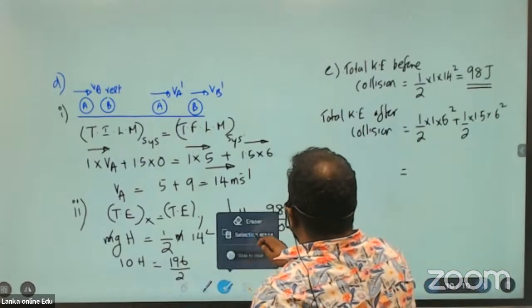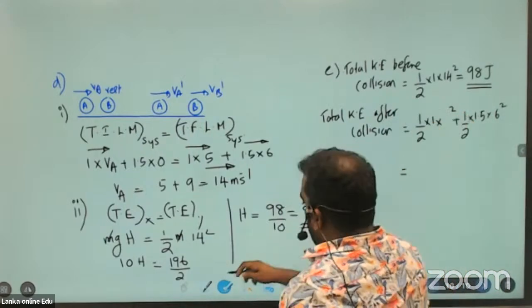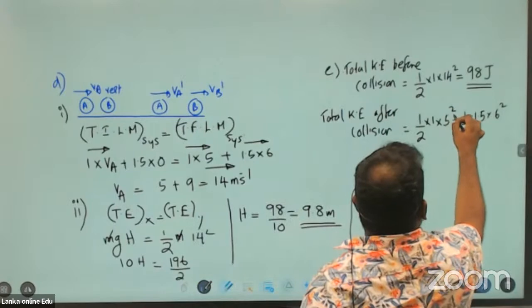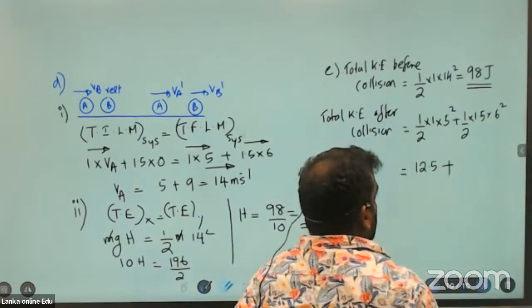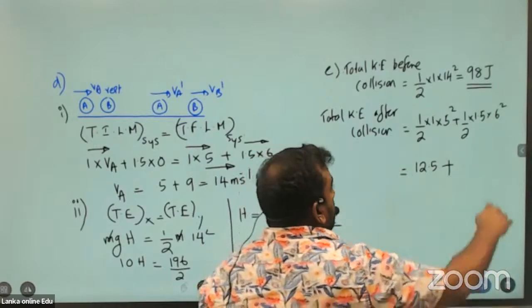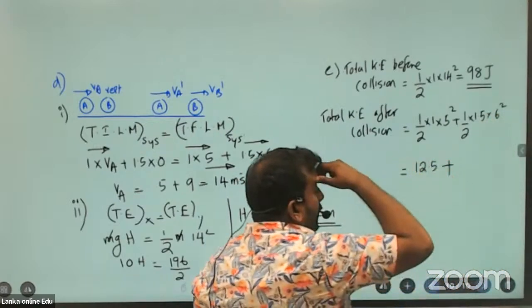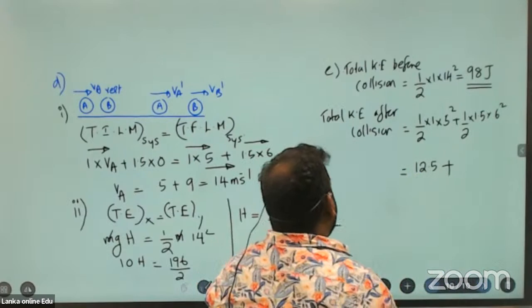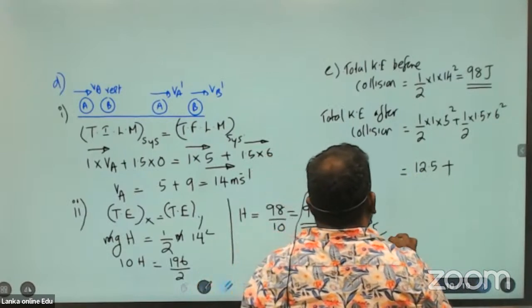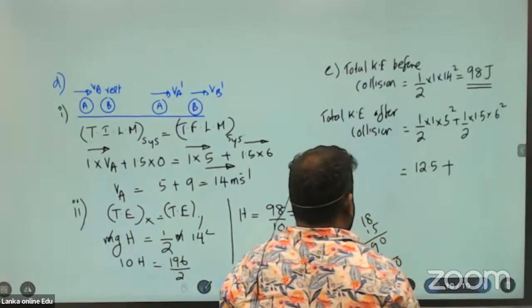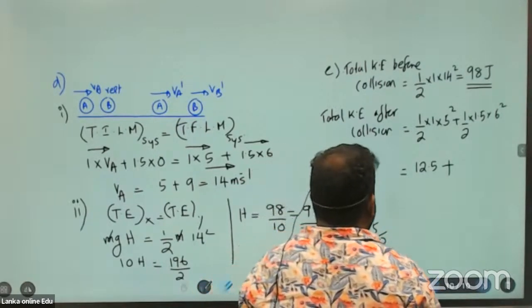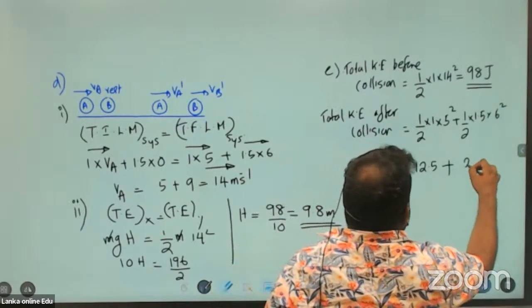Here, be careful. Here, 5 squared, 25 divided by 2 is 12.5. 36 divided by 2 is going to be 18. 18 times 1.5 is 27.